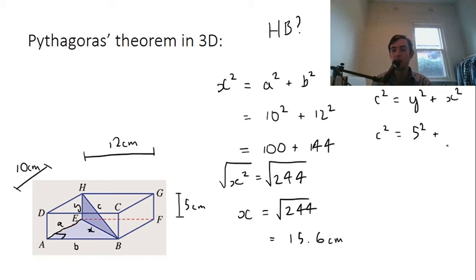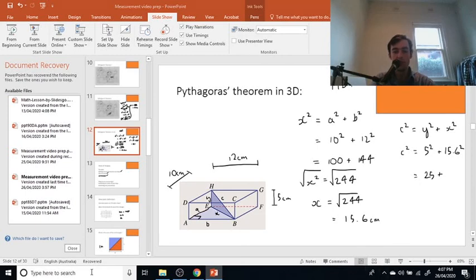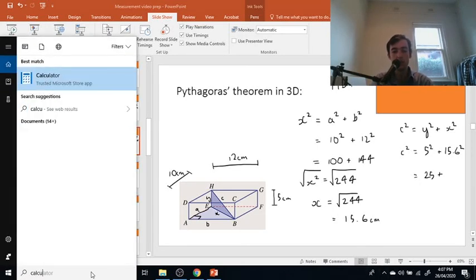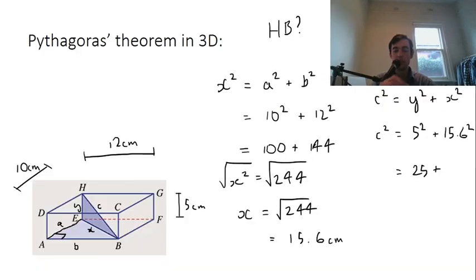we can put that in here. So 5 squared plus 15.6 squared. It's 25 plus, I can't do 15.6 squared. We can use a regular calculator for this. 15.6 squared, 243.36. Should have really given ourselves a bit more room here.